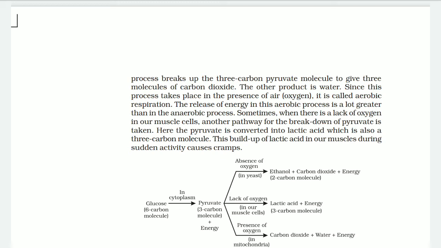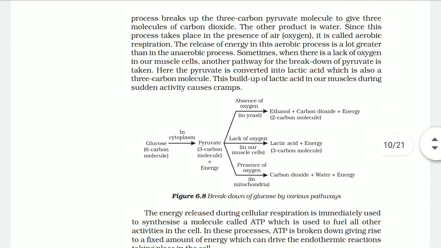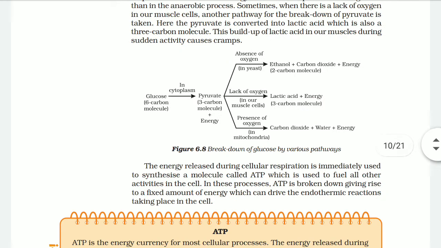We have already studied in class 7 about aerobic and anaerobic respiration. Aerobic respiration is in the presence of oxygen, whereas anaerobic respiration is in the absence of oxygen. Right? A person feels cramps when anaerobic respiration occurs in the human body.